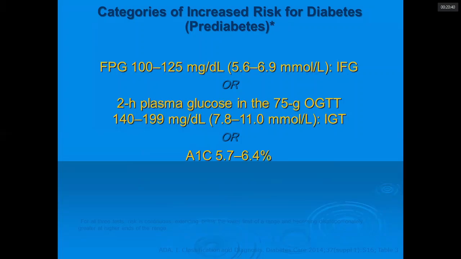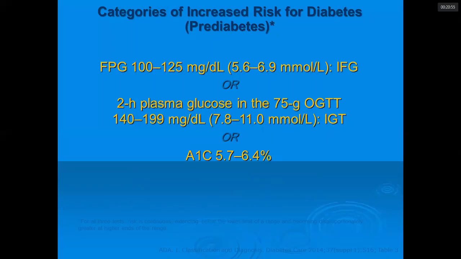The normal hemoglobin A1C is 5.7 or less. Between 5.7 and 6.4, this is pre-diabetes.